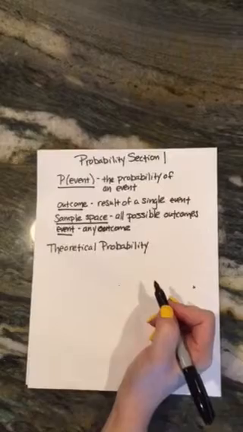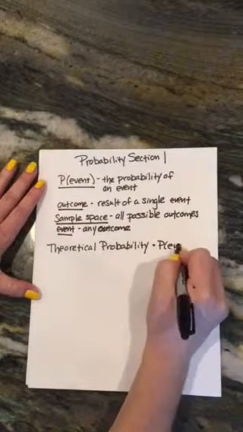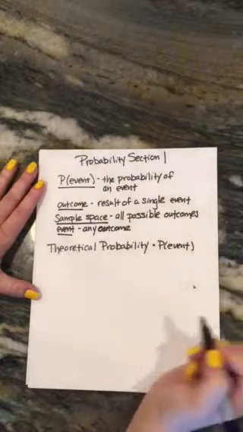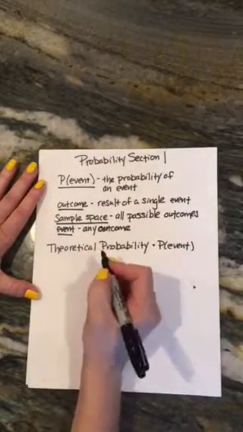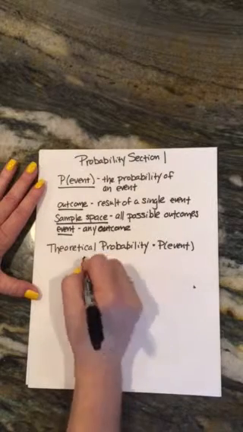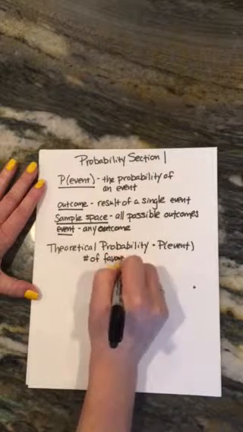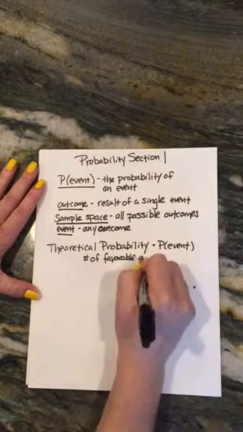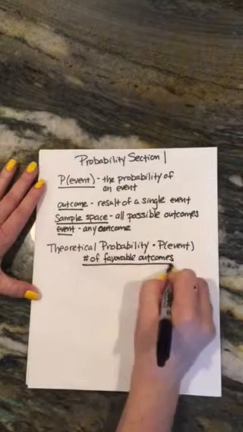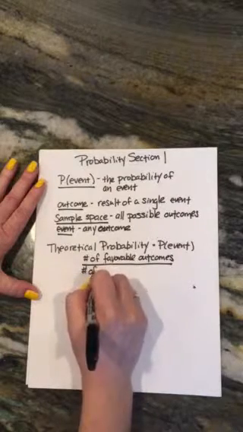All right, so theoretical probability finds the probability of an event, and it's equal to the number of favorable outcomes divided by the number of possible outcomes.